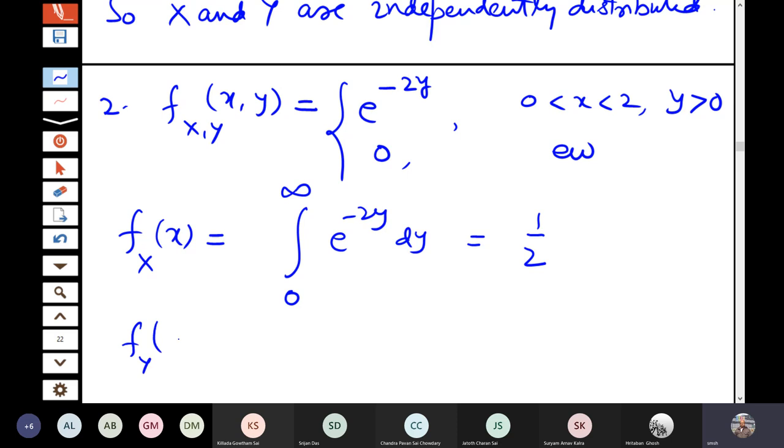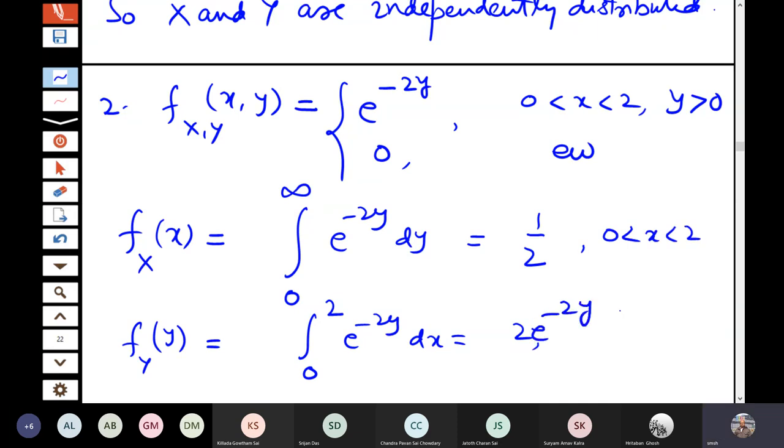Similarly, if you calculate the marginal distribution of y, you will integrate with respect to x from 0 to 2 e to the power minus 2y dx. So you will get 2 e to the power minus 2y for y greater than 0.